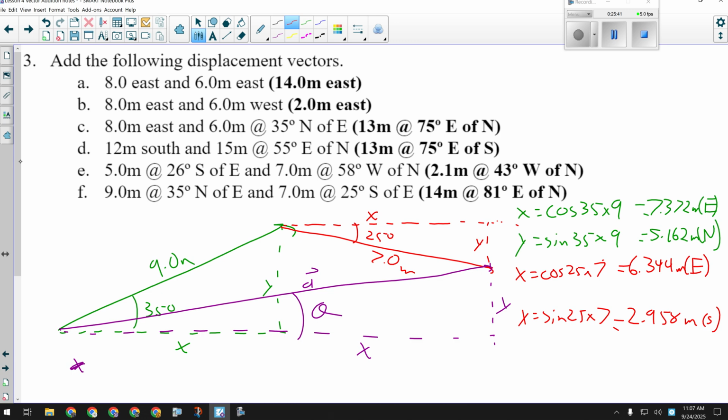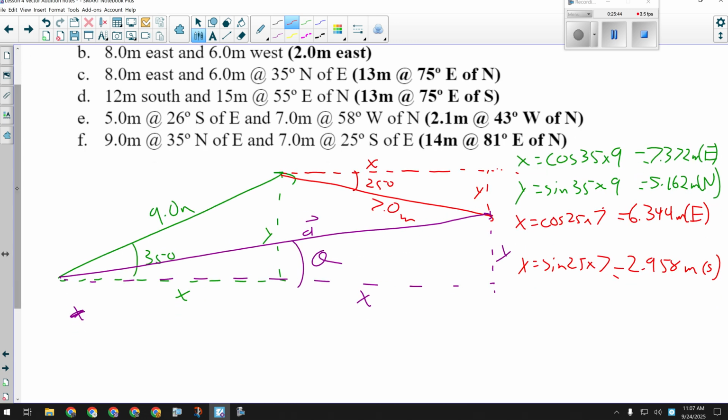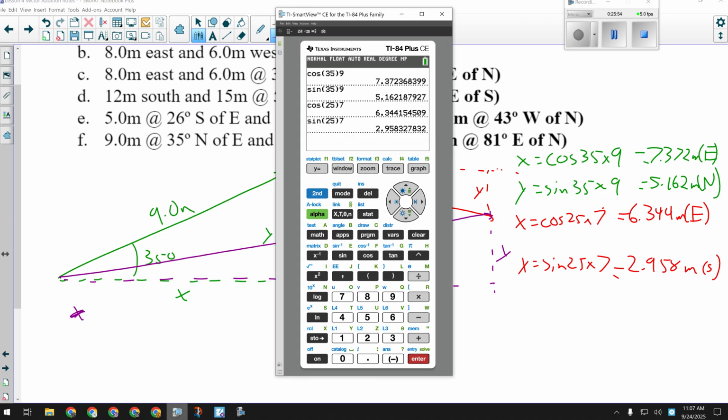Okay, so to get my purple x, okay, purple x is just going to be 6.344 plus 7.372 because they both go the same direction as we said just a second ago. All right, so 7.372 plus the 6.344.